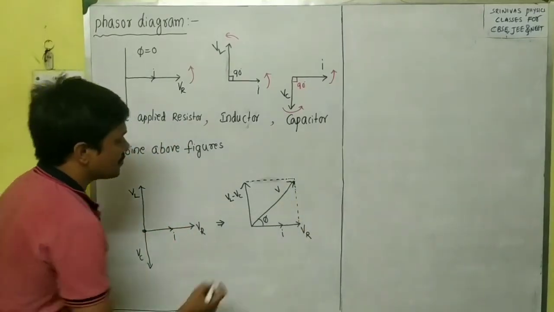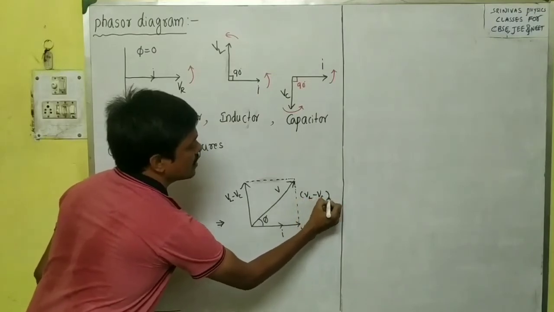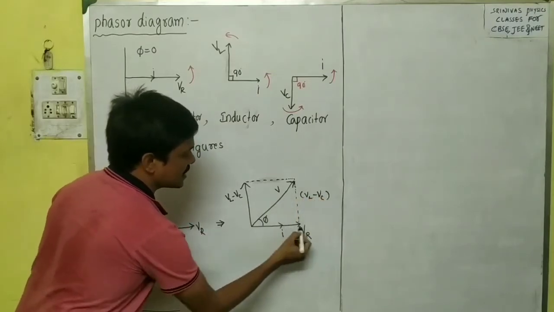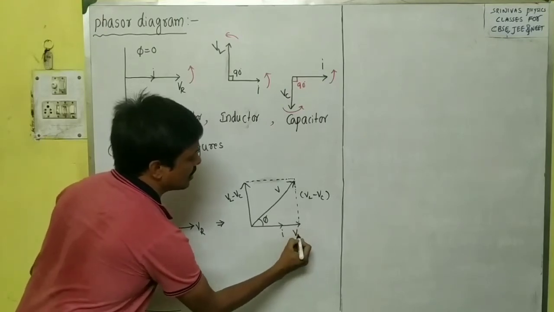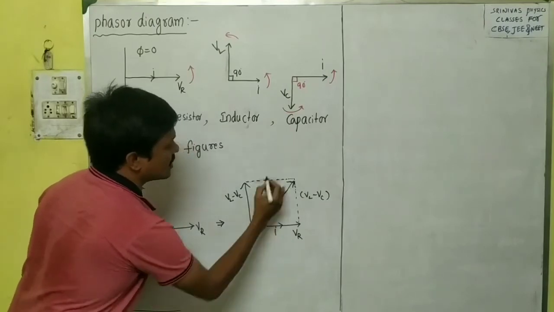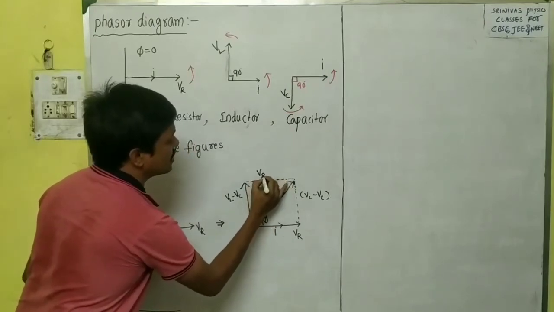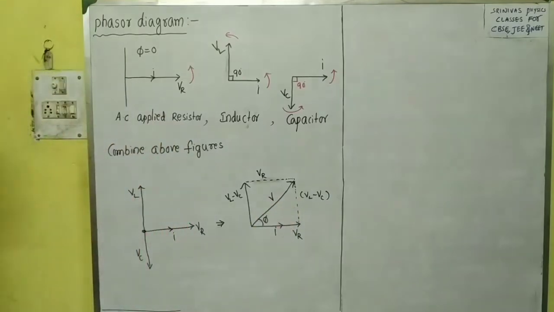And now this is VL minus VC, this is also VL minus VC. And this is VR, this length is VR, and this is also VR. And this is the net voltage V.